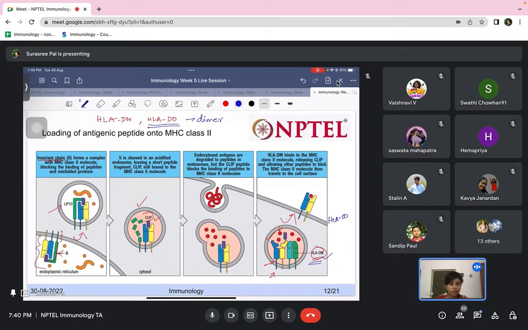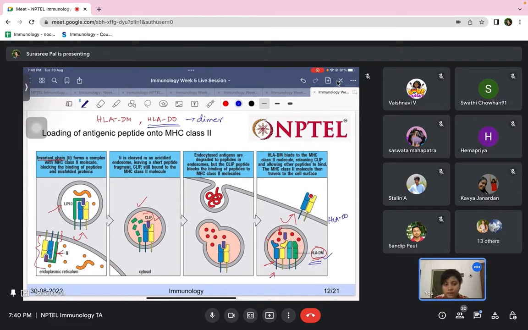First is the invariant chain, which binds to the MHC class 2 and does not let it bind to peptides prematurely. Then HLA-DM and HLA-DO help the MHC class 2 to finally bind the antigenic peptide.